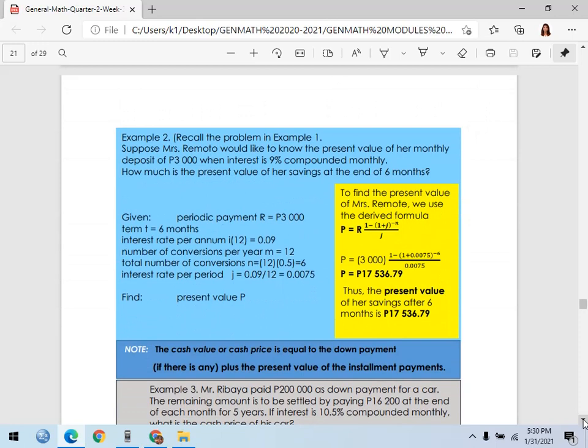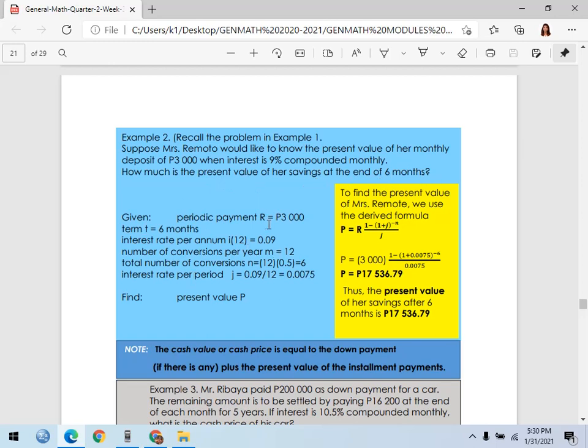Now let us have an example on how to solve for the present value of a simple annuity. So suppose Mrs. Remoto would like to know the present value of her monthly deposit of 3,000 pesos when interest rate is 9% compounded monthly. How much is the present value of her savings at the end of 6 months?